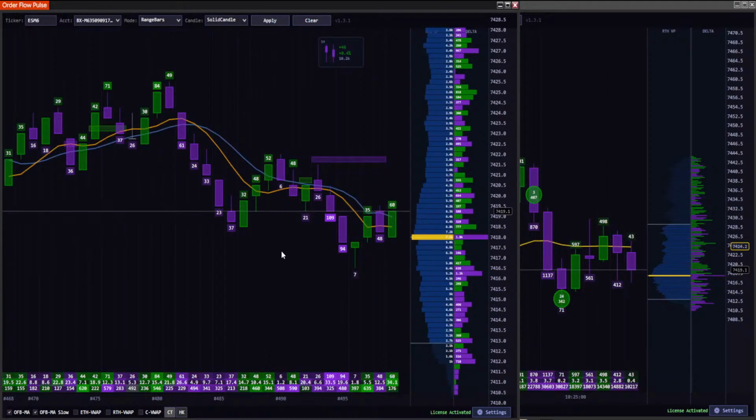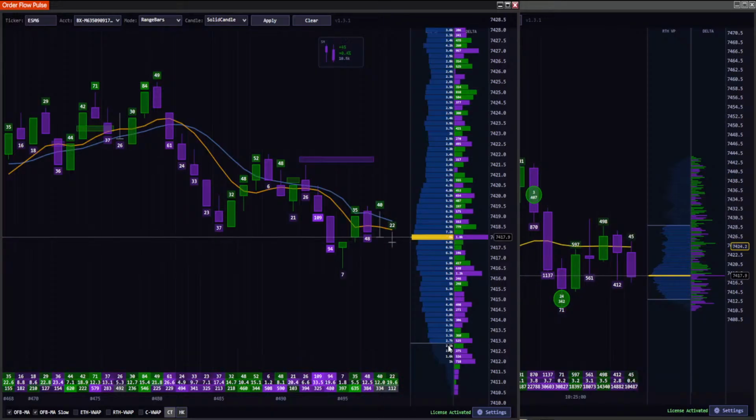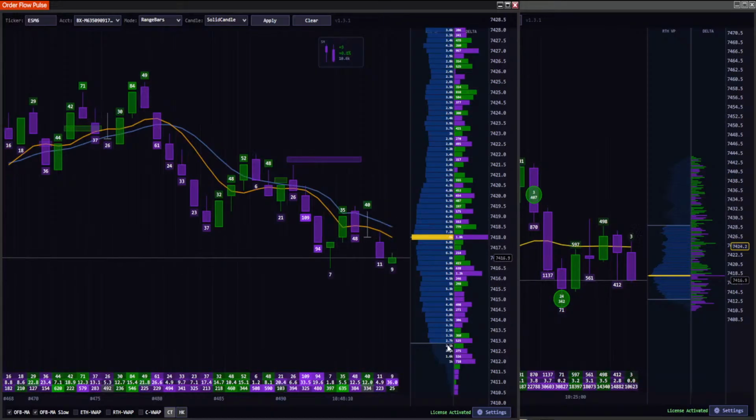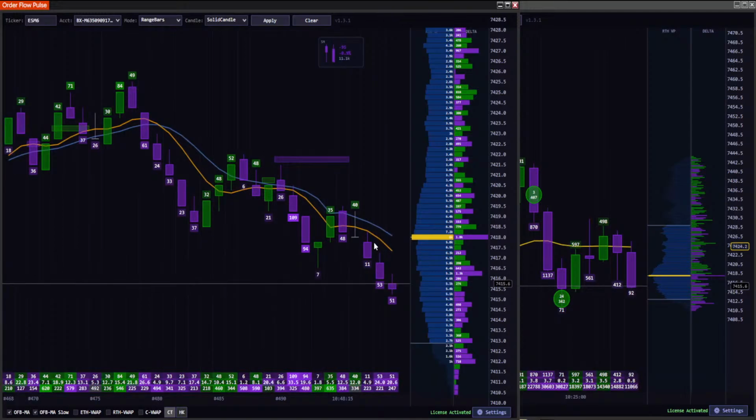That's the whole thing. 4 and 3 was a little too much, maybe for the opening. This is the thing with the opening, especially with the ES. Okay, we're kind of selling off right here. There was some divergence earlier on this current 5 minute. Now it's just kind of gone.